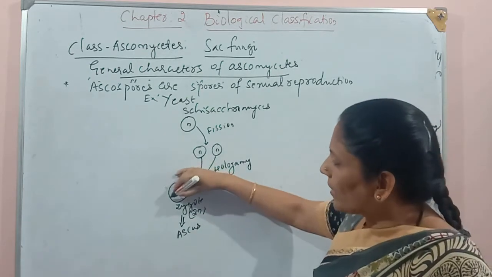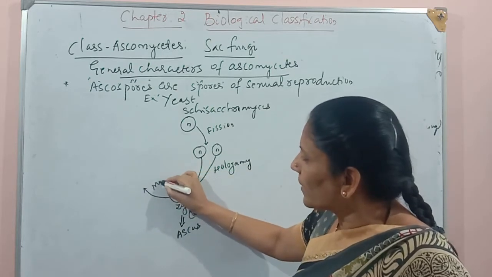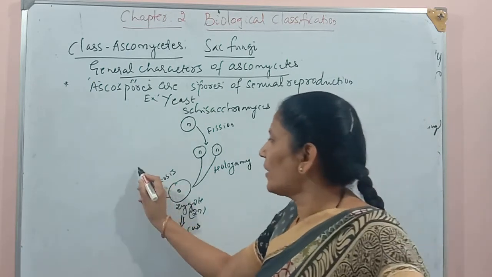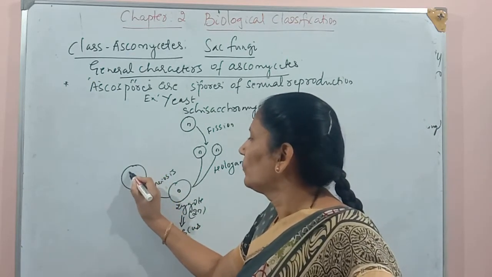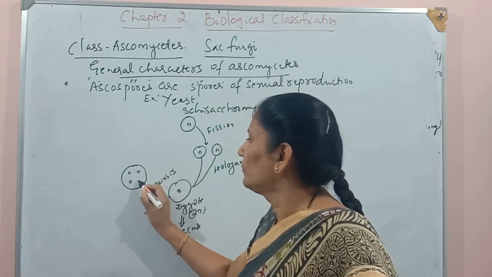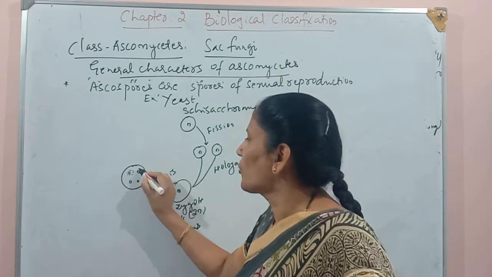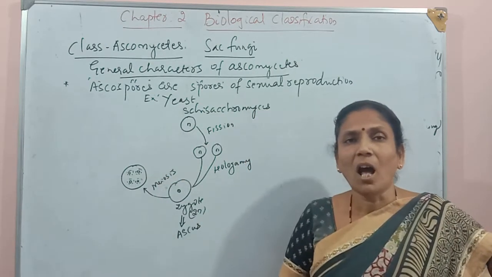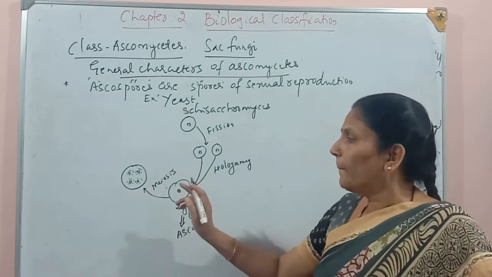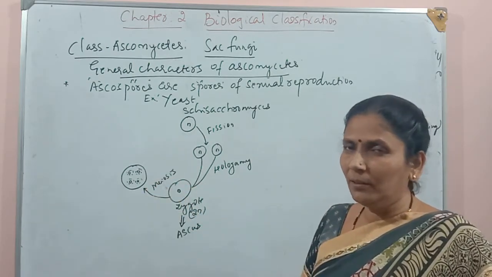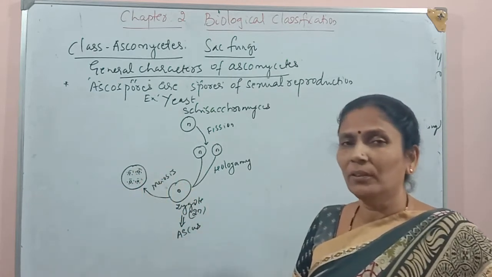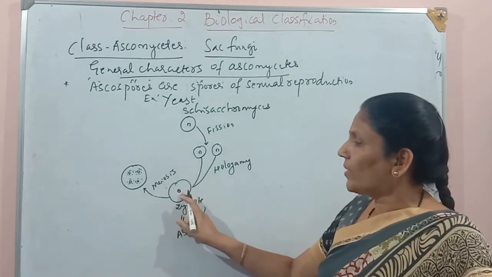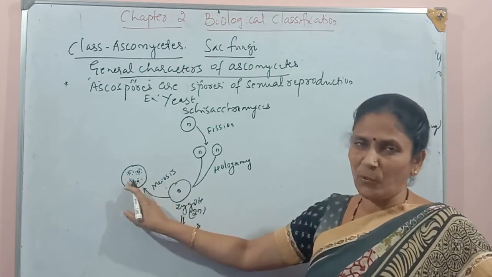In the diploid zygote, meiosis takes place and that results in 4 cells surrounded with cytoplasm. These cells are called the ascospores. By meiosis in the zygote, 4 ascospores are produced.